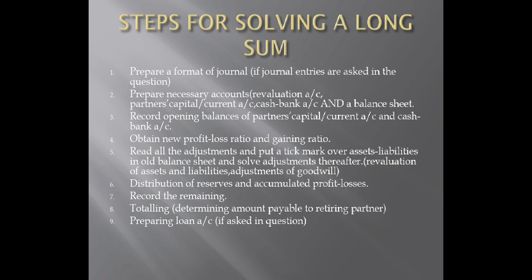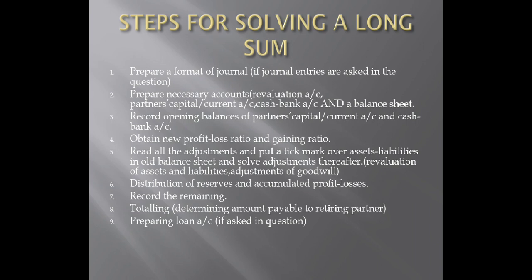Third step. We have reached the third step. It is to record opening balances of partners' capital or current account and cash and bank account. Obviously, you know what the opening balances are. You are provided with the opening balance of capital and current account in your balance sheet. It is given in the question, is what I mean to say, and also a balance of cash and bank account.